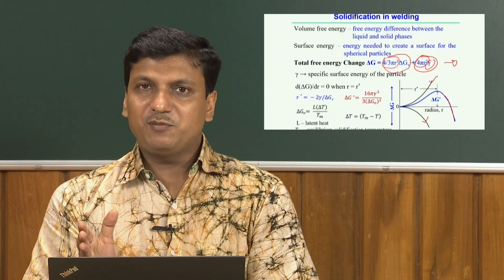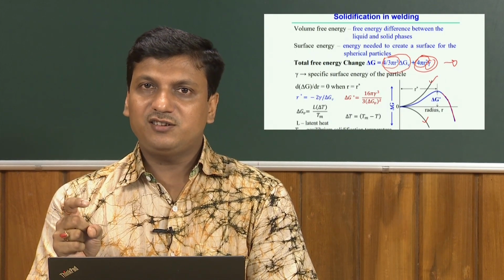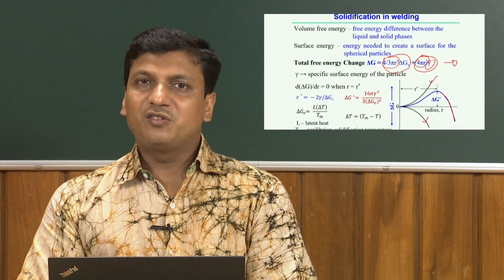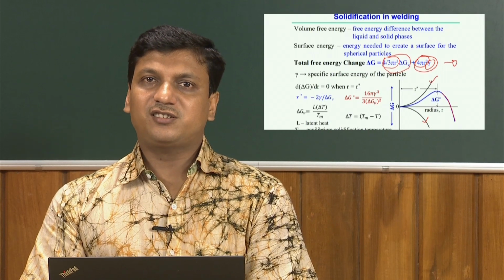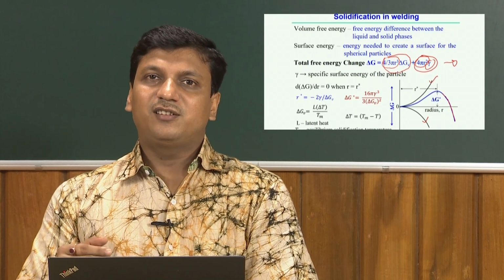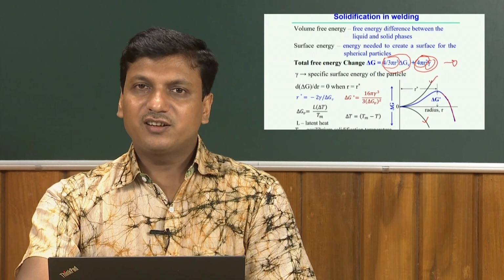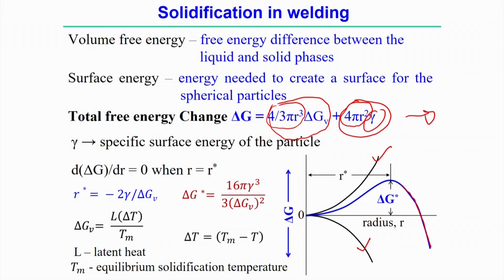So, that optimum point of the energy level decides the size of the nucleus so that it can sustain. This critical energy is estimated by making the first derivative of the total free energy change zero, and from this we can find the size of the nucleus.